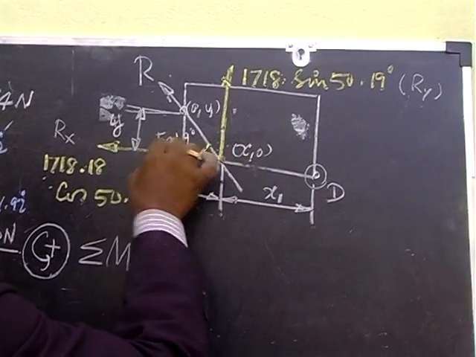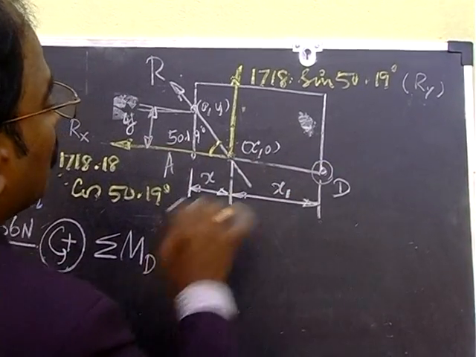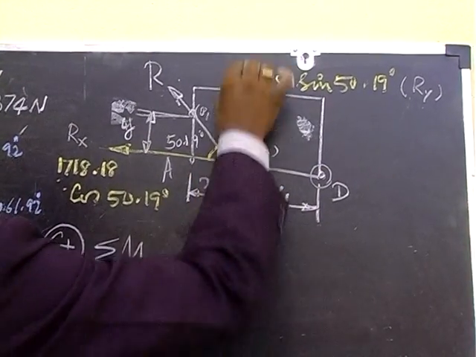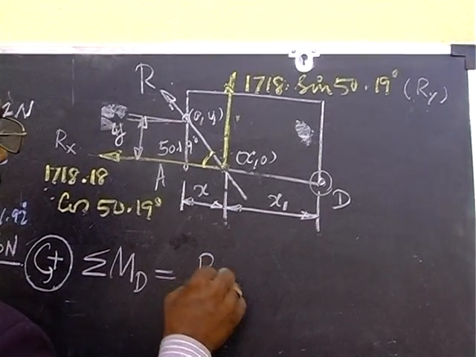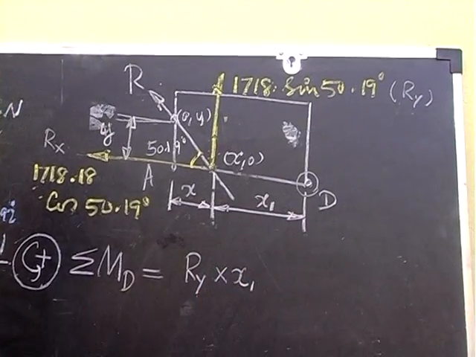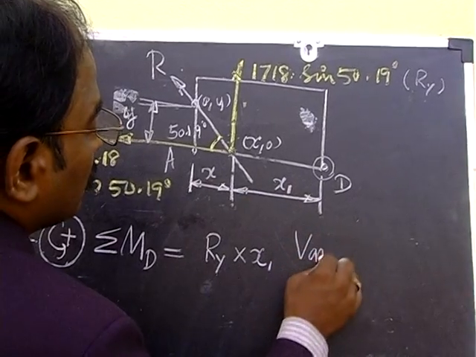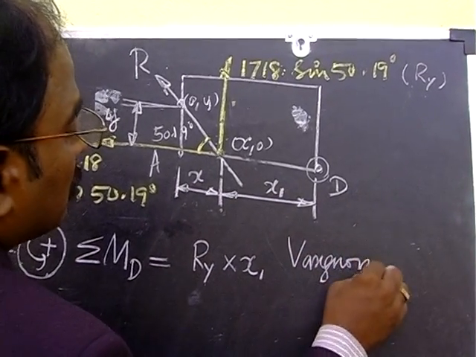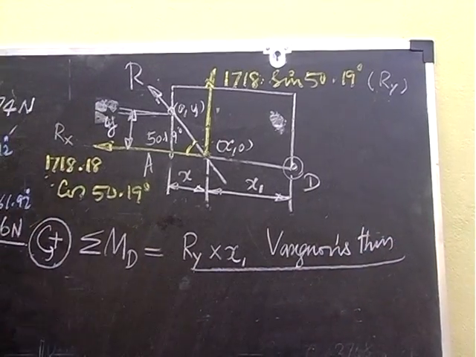We consider only the resultant forces, and that too the x component vanishes when we take the point D. So only this y component alone, the resultant y component multiplied by x1. So this Varignon's theorem can be used for solving this problem.